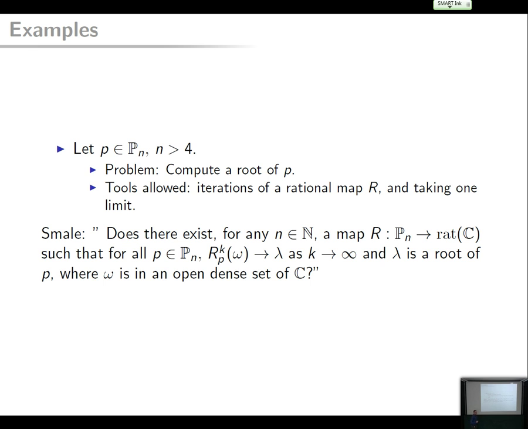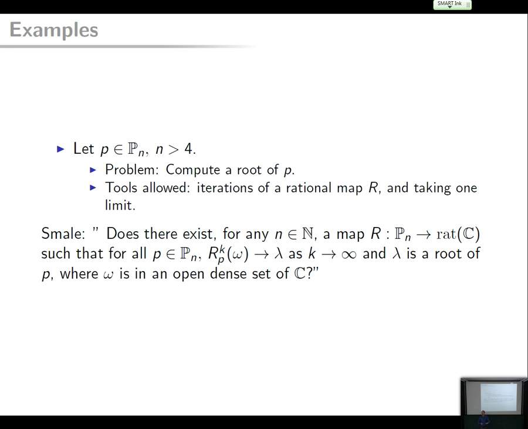So I'm going to start with a problem. I would like to take and create a rational map.